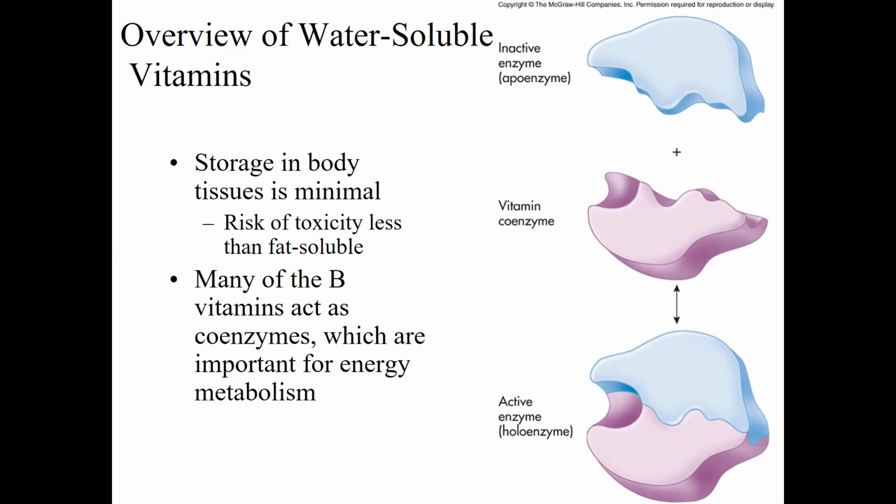Enzymes are specialized types of protein, and they have a unique shape. That vitamin coenzyme can bind to the enzyme, and now we have an active enzyme that is able to perform its function. And again, a lot of the enzymes that drive the citric acid cycle, which makes ATP, require B vitamins as the coenzymes.